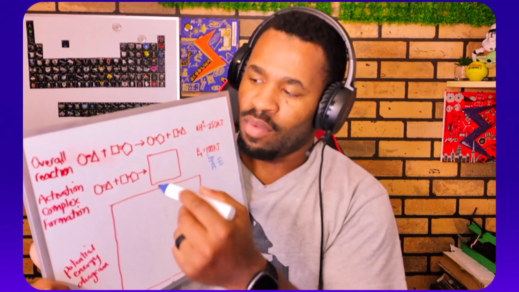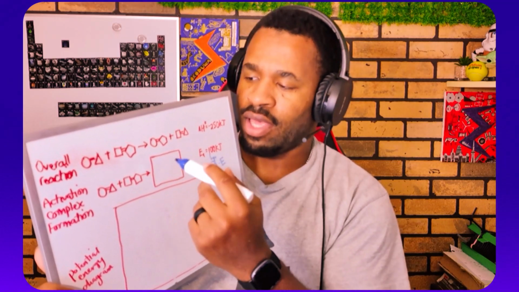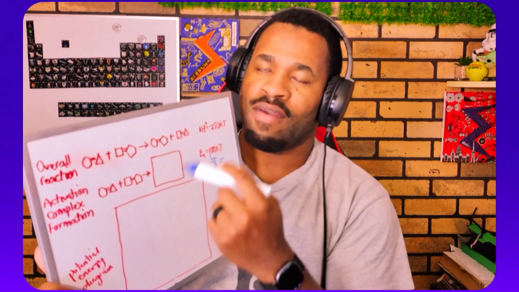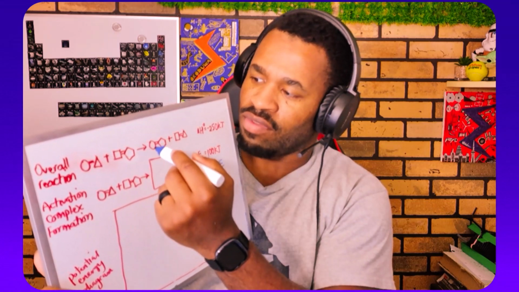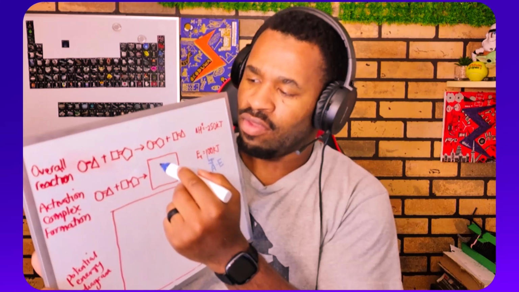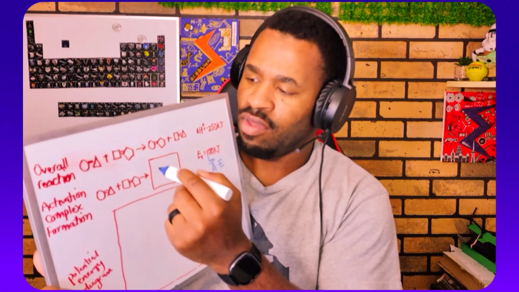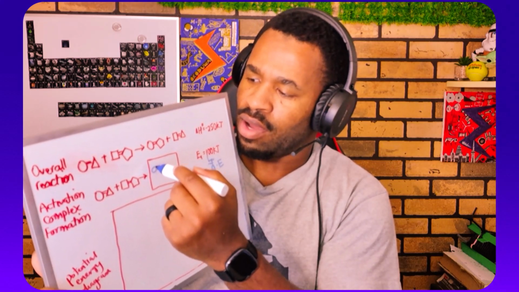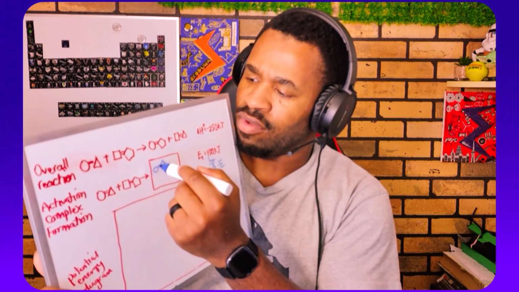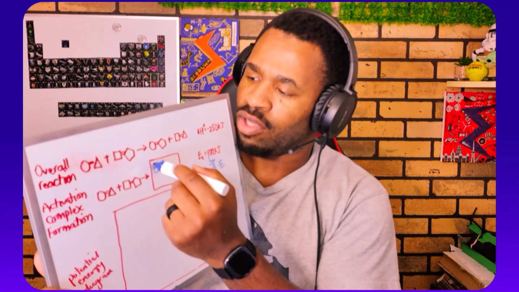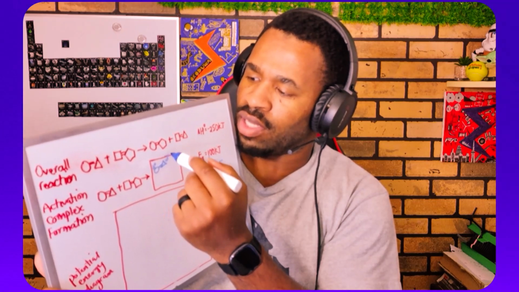Then how can we propose a structure that is going to end up becoming this? First, we know that we are going from circle-triangle to now circle-pentagon, and to accomplish this we need to break our O-triangle bond, and this is going to have a partial positive, partial negative charge.